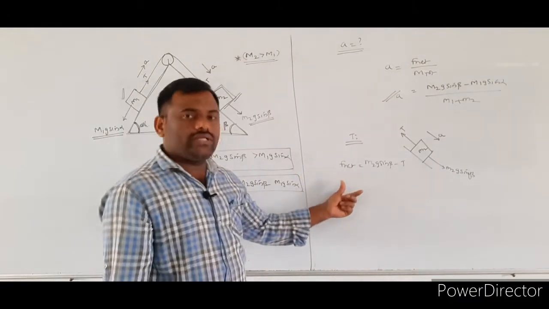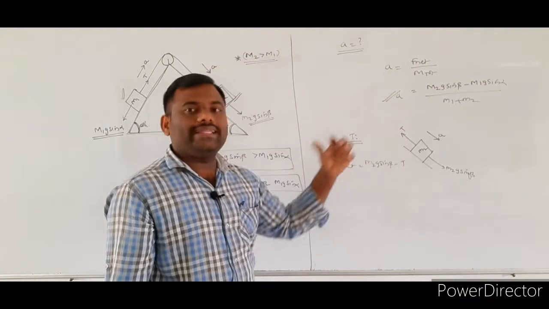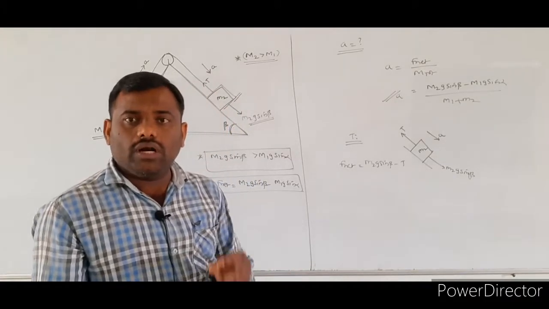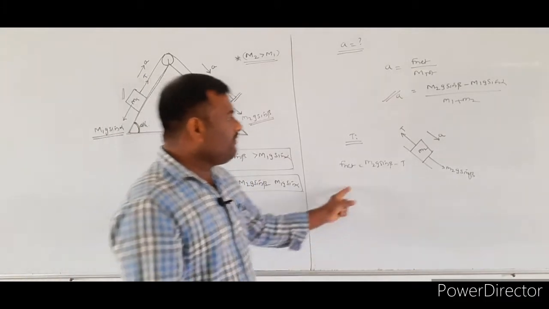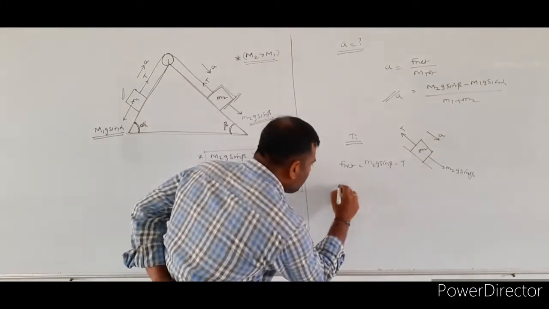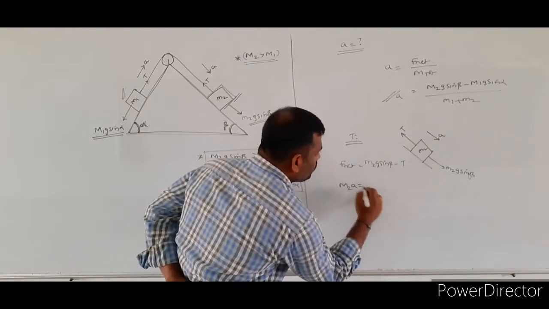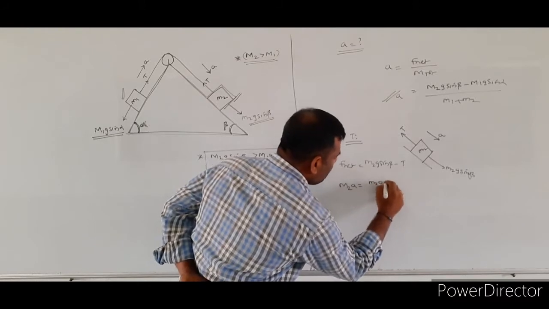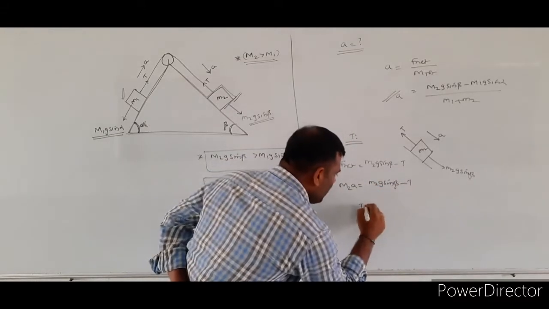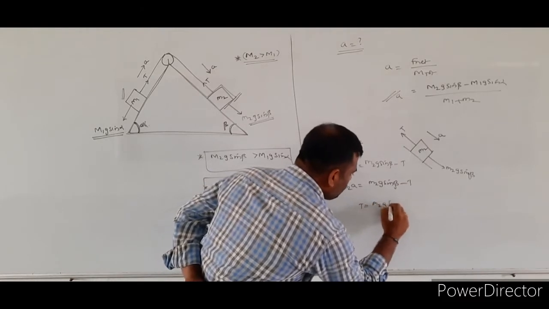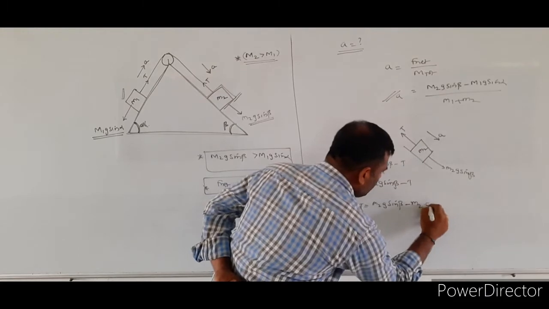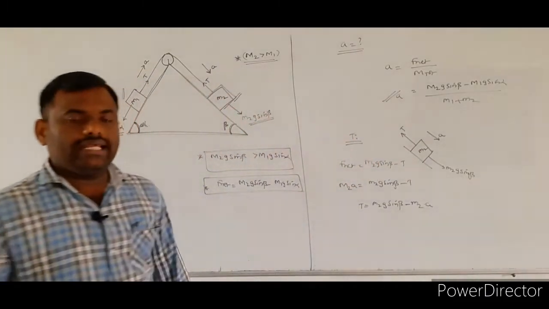Again, if you apply Newton's second law, what is the formula? F net is equal to mass into acceleration. Which mass do you consider? The m2 mass. So m2 into a is equal to m2g sin beta minus T. I want the value of T, so T is m2g sin beta minus m2 into a. What is the a value?